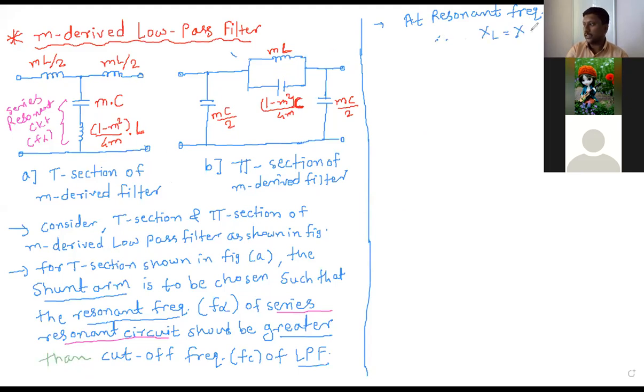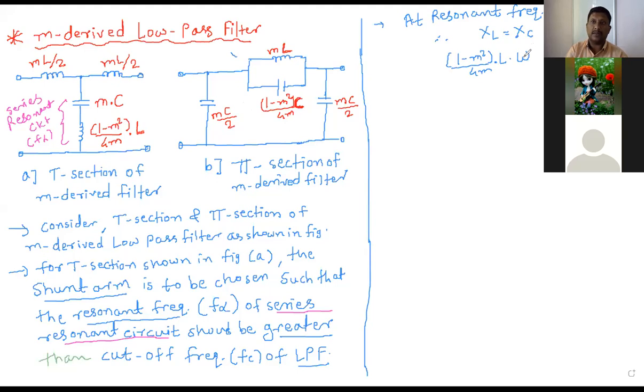XL is equal to XC. So what is the XL value with respect to the T section? The L value, anyone can tell? It is (1 minus m square) divided by 4m into L. Next, the omega value. The j will get cancelled, so that will be the omega.